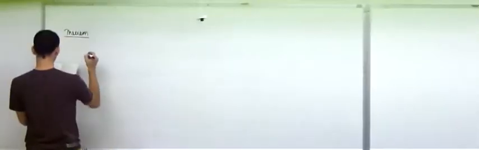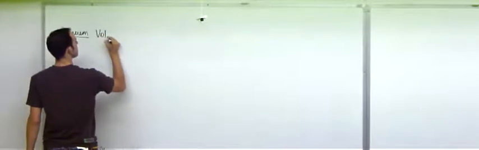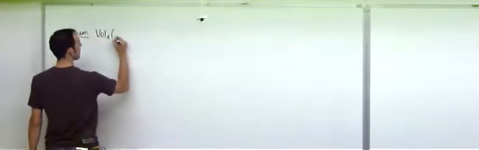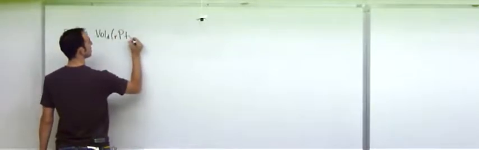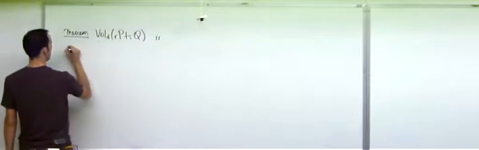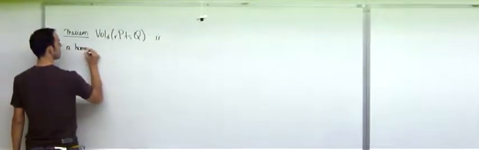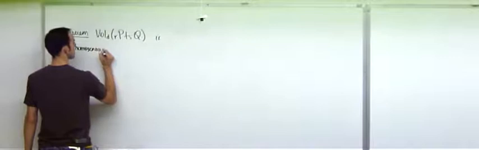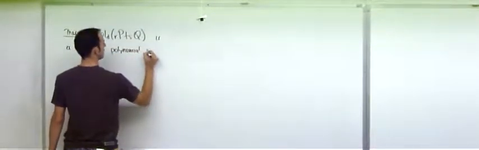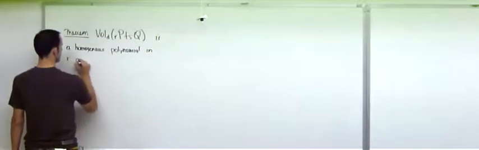So that's the theorem that we are in the middle of proving. Theorem: the d-dimensional volume of rP plus SQ is a homogeneous polynomial in R and S of degree d.